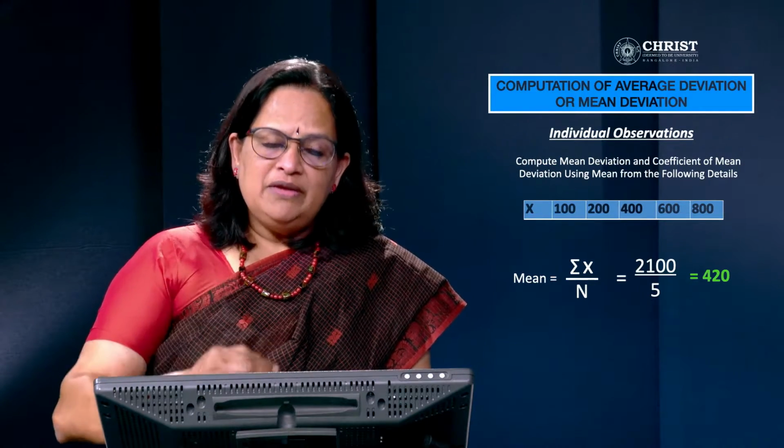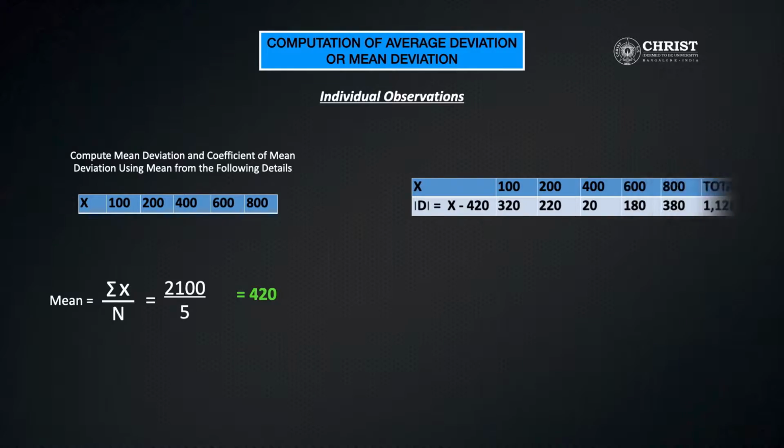Now, we have to calculate the mean deviation. x values are there, and delta d values are the respective x values minus the computed mean value, that is 420. We will not consider the plus or minus sign. So, values we get are 320, 220, 20, 180, 380 and the total is 1120.